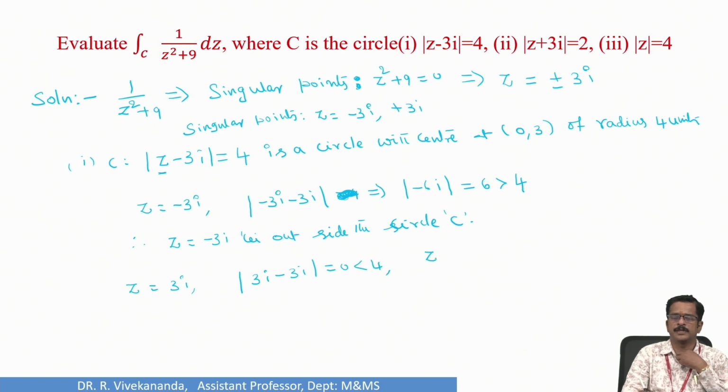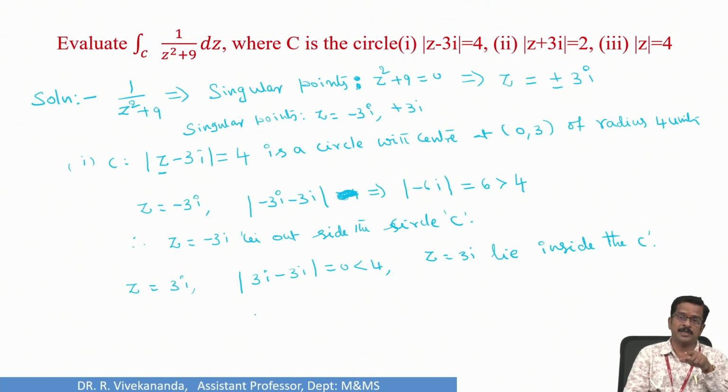That implies z equals 3i lies inside the circle, inside C. So z equals minus 3i lies outside C, and z equals 3i lies inside. One singular point lies inside and one lies outside. If both singular points lie inside, or both lie outside, we evaluated previously.